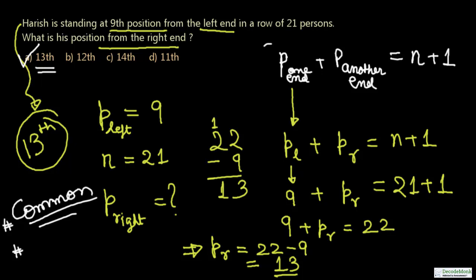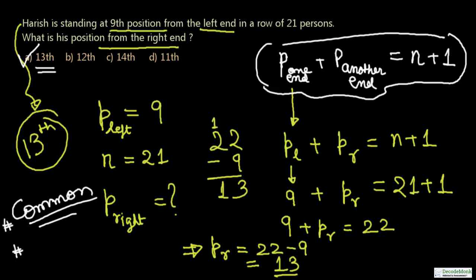If you have the understanding of this particular notion, then it will not be very difficult to answer such questions. For example, if you see this question, ninth position from the left, position from right is unknown, and total number of persons is 21. 21 plus 1 is 22, so position from right equals 22 minus 9, which is 13.